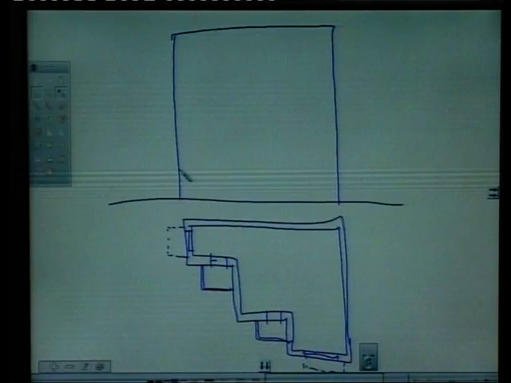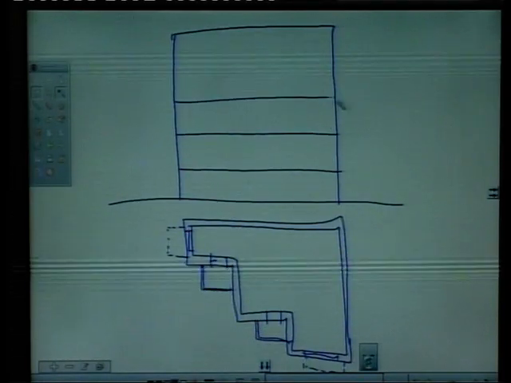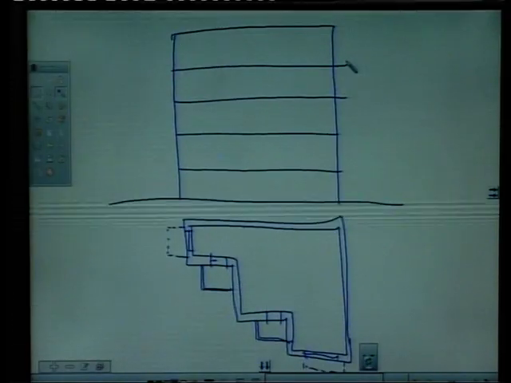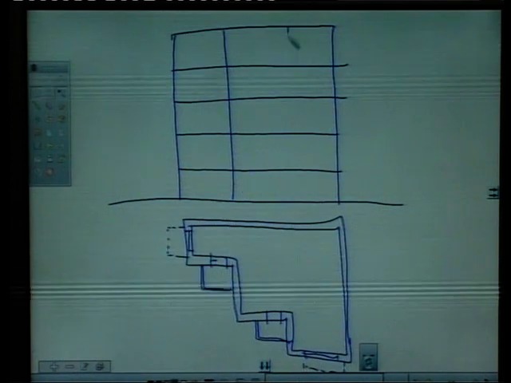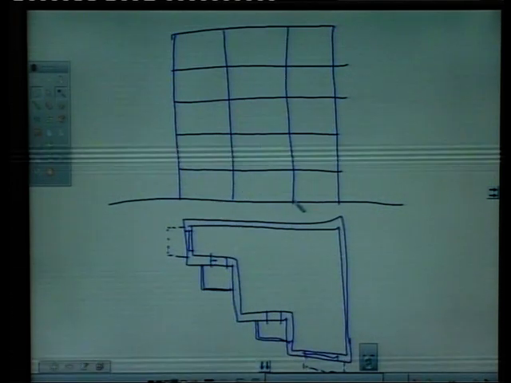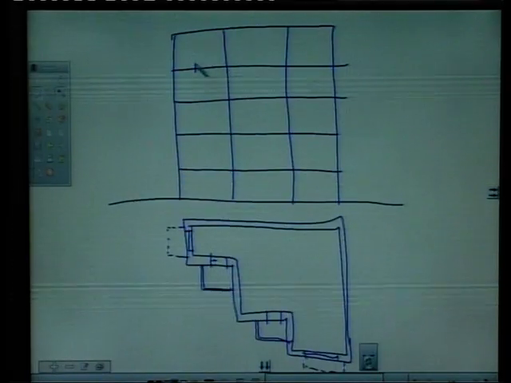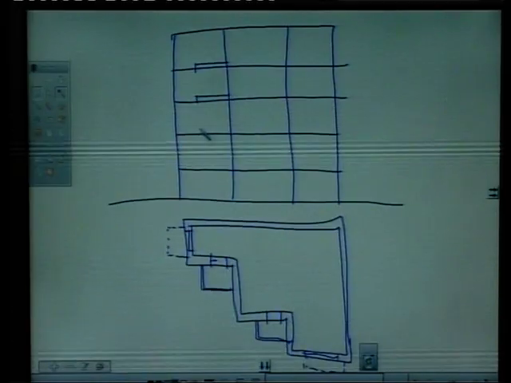Say it is a 5-story building, right. And if there are balconies, say these are balconies with railings.